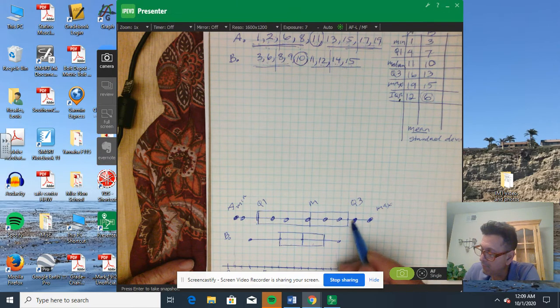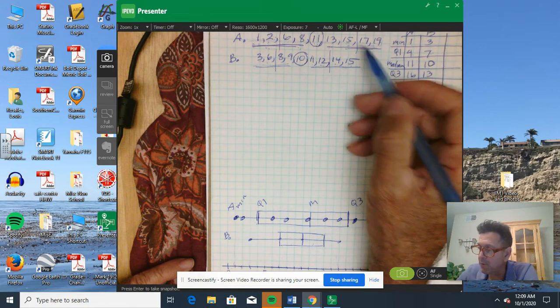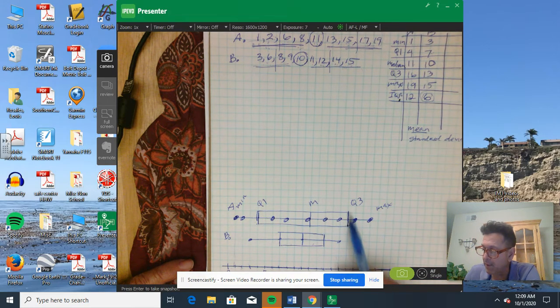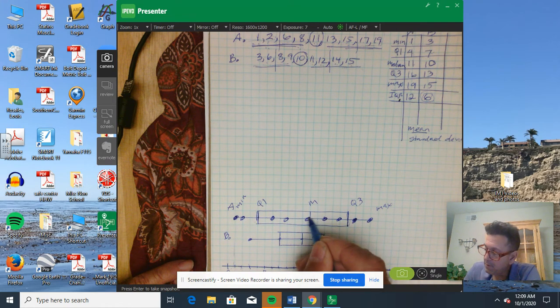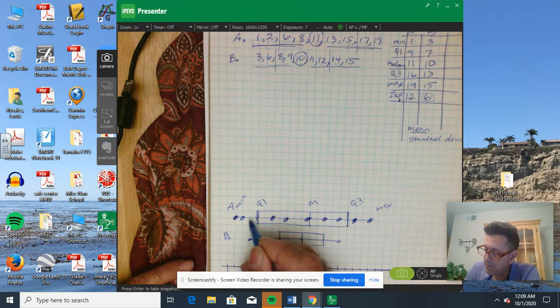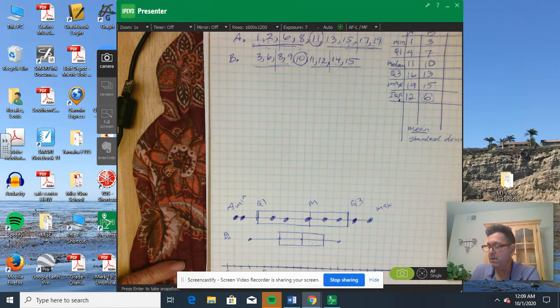So all of these larger dots, even though this is our quartile, there wasn't actually a number up here. That's 16. It's just our dividing line. So we got numbers here, here, here, here, here, here, not here, and here. Okay, so they're spread out kind of evenly.